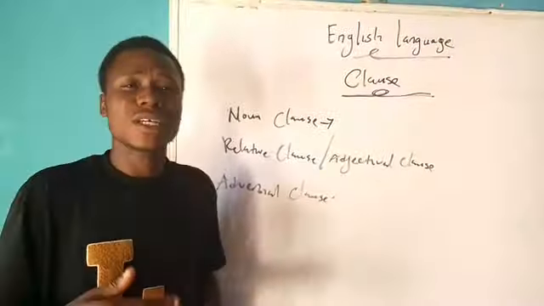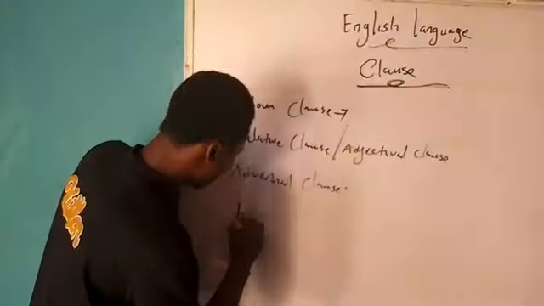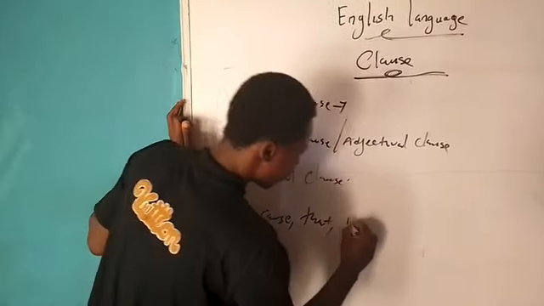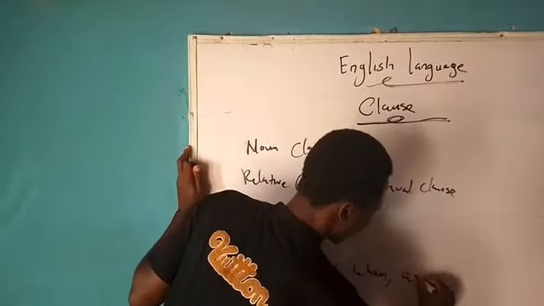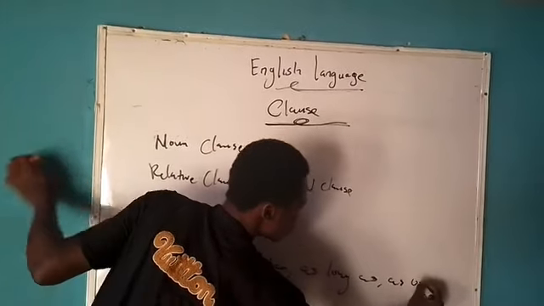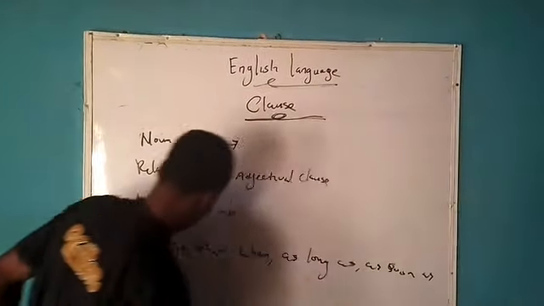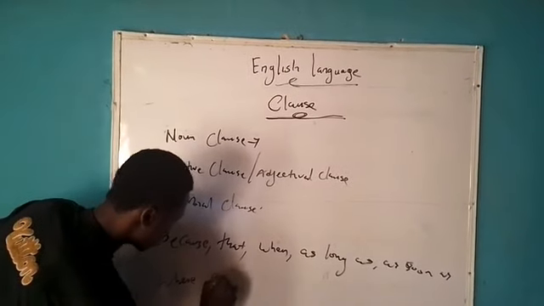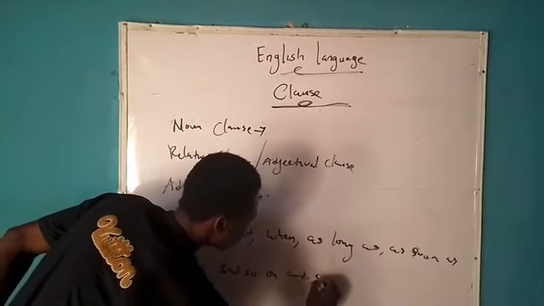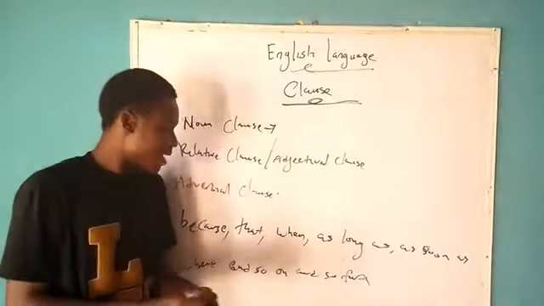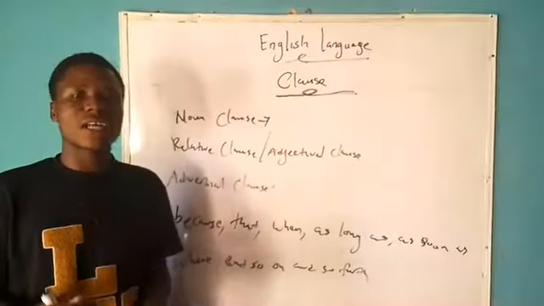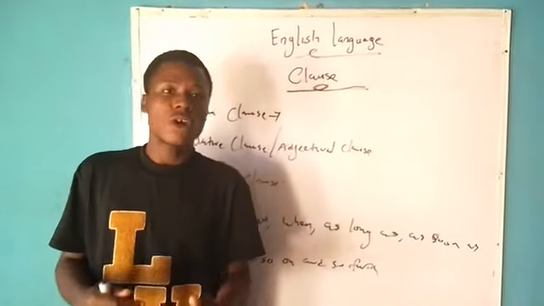Examples of subordinate conjunctions are because, that, when, as long as, as soon as, where, and so on and so forth. I tell you now that to identify a noun clause, it must start with a subordinate conjunction.